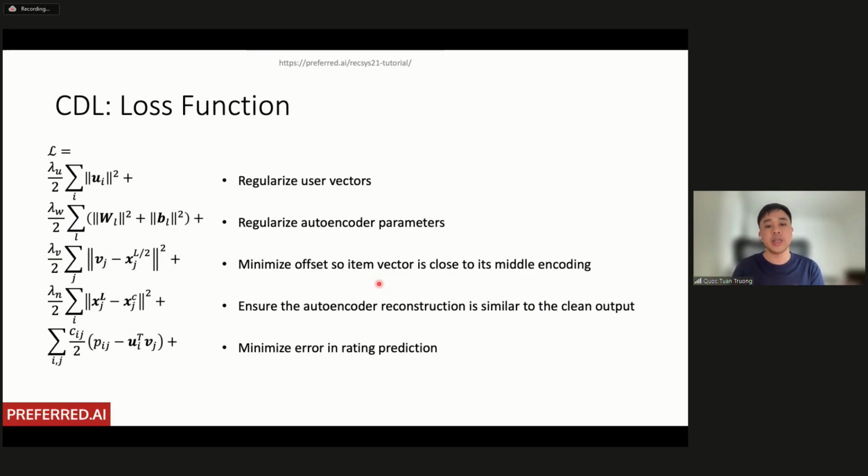Okay, the same idea. And then the fourth term here is to ensure that the reconstructed text is close to the clean version of the text. So that is kind of a regularization effect. But this is equivalent to learning the log likelihood of the topic model, like we saw previously in the CTR model. And then the very first one is the most important, trying to estimate the adoption, right? So that is the core idea of matrix factorization here.